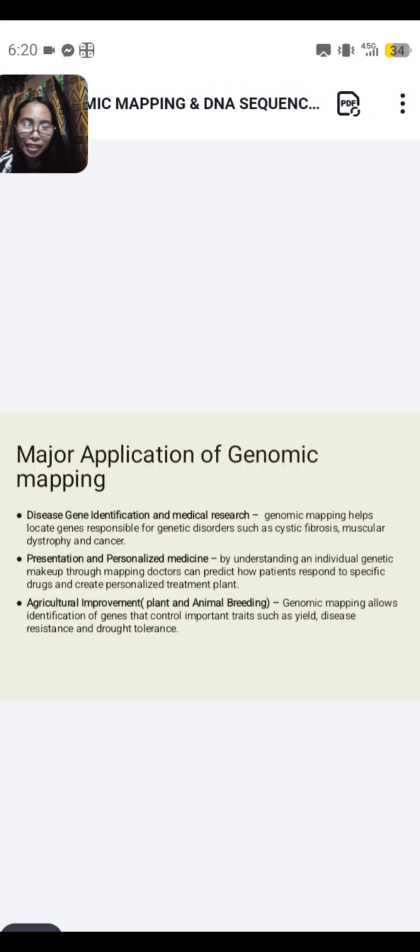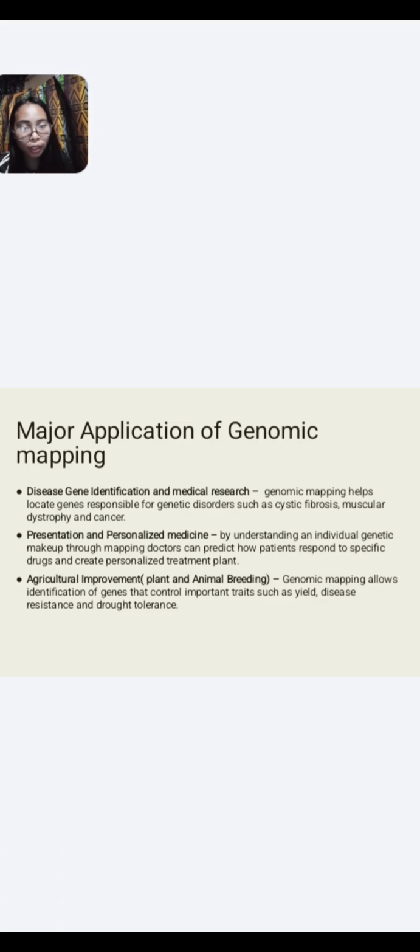So the third one is agricultural improvement or plant and animal breeding. Genomic mapping allows us to identify the genes that control important traits such as the yield of the plants or crops, disease resistance, and drought tolerance.